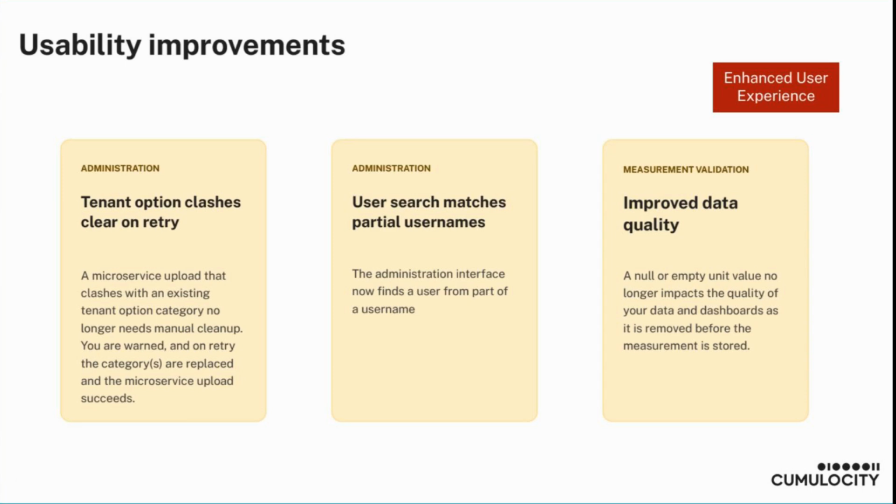And we're improving the data quality. So please don't worry if you send null or empty unit values for a specific purpose, you won't be broken. But what we will do is silently drop those values so that they no longer interfere with how you visualize your data on the dashboard.